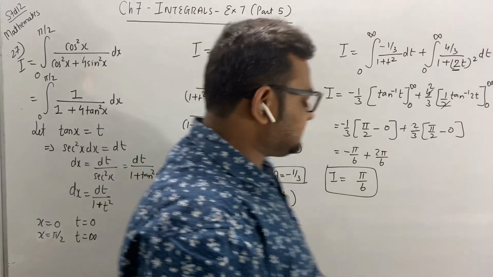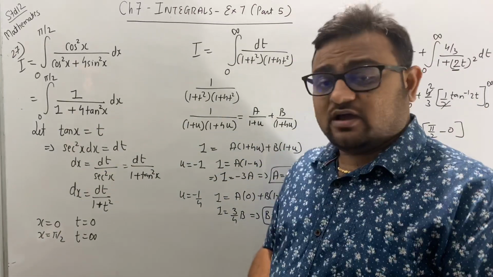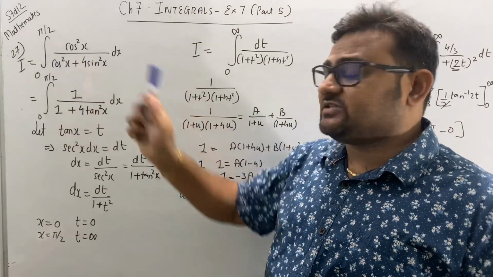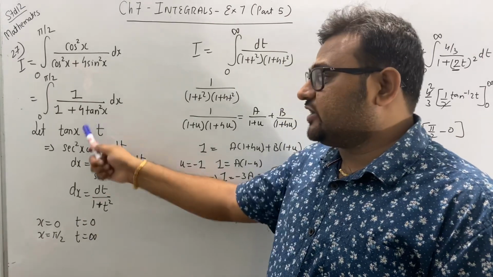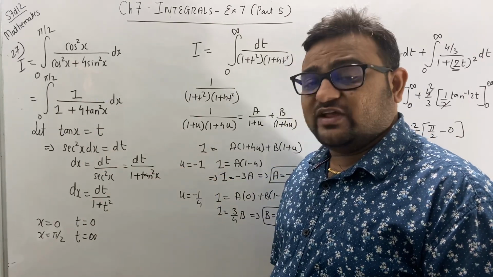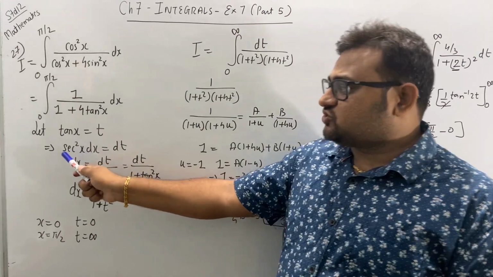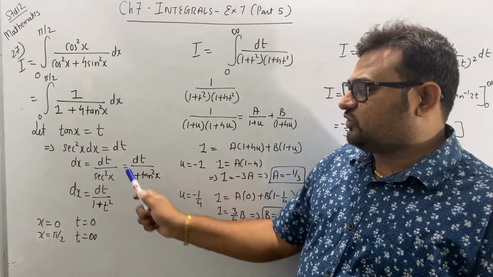I'm repeating this once again. As we saw, cos square and sin square terms in the denominator, we divided by cos square and converted it into tan square. When we differentiated, we get sec square x, so we converted this sec square into tan square.